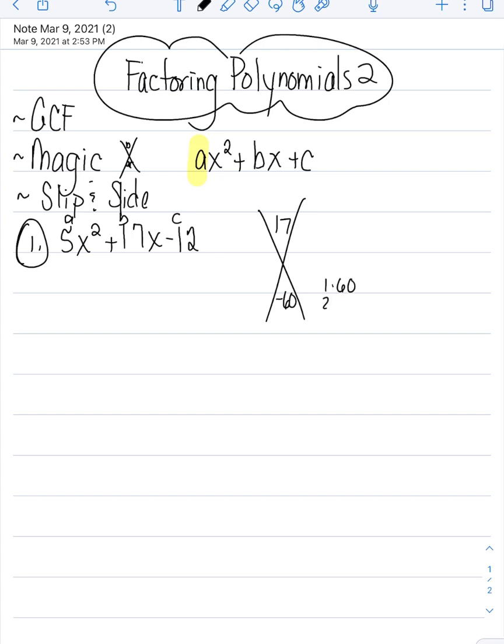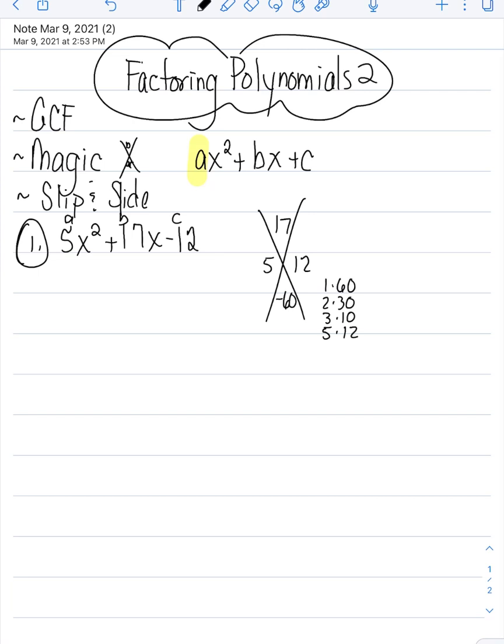So 1 times 60, 2 times 30, 3 times 10, 4, let's do 5 times 12. I should be okay with that because it looks to me like 5 and 12 will work. However, I need it to be negative, and that doesn't work. So I need to find some more.